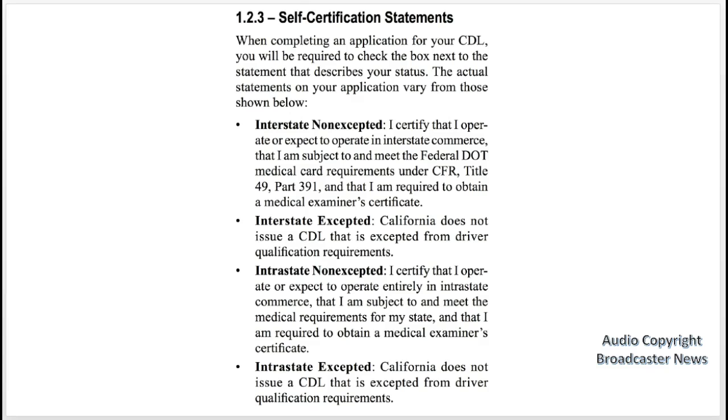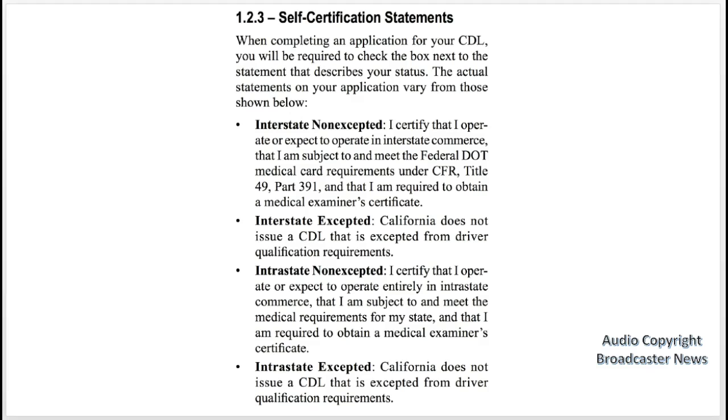I certify that I operate or expect to operate in interstate commerce, that I am subject to and meet the federal DOT medical card requirements under CFR Title 49, Part 391, and that I am required to obtain a medical examiner certificate. Now, interstate excepted. California does not issue a CDL that is excepted from driver's qualification requirements.